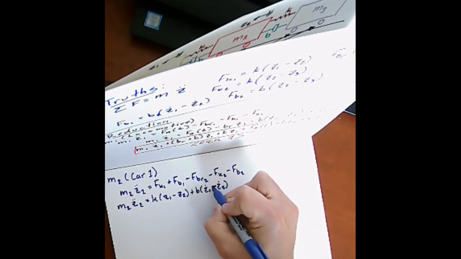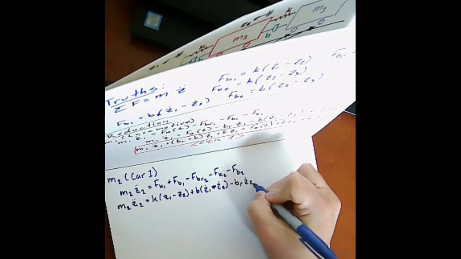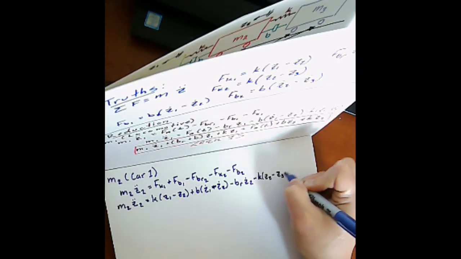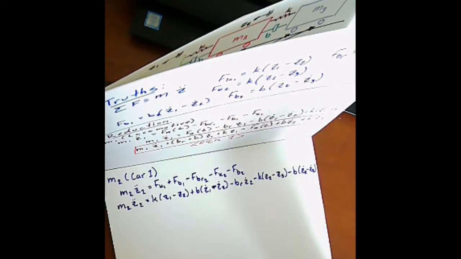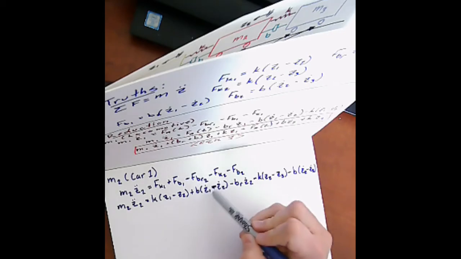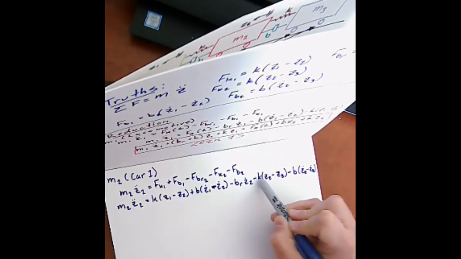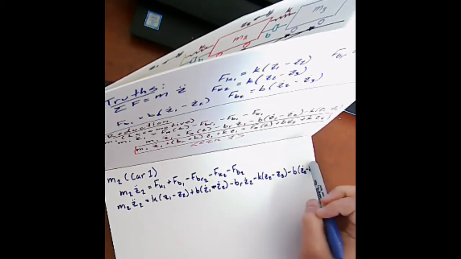Sorry, that should be a minus right here. My mistake. Okay, because you can't read my chicken scratch: M2 Z double dot 2 is equal to K, quantity Z1 minus Z2, plus B, quantity Z dot 1 minus Z dot 2, minus BR Z dot 2, minus K, quantity Z2 minus Z3, minus B, quantity Z dot 2 minus Z dot 3.